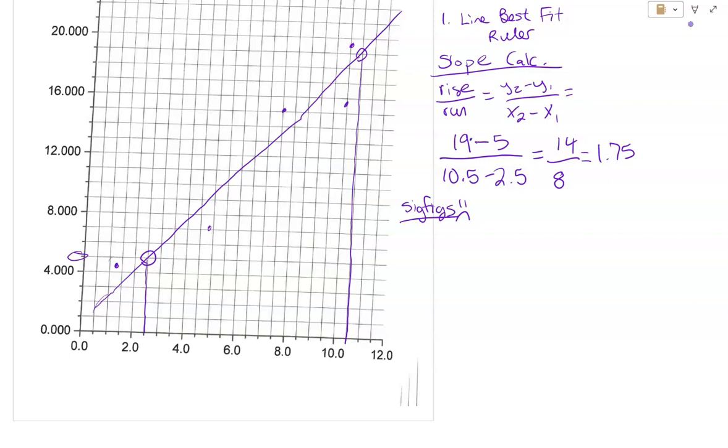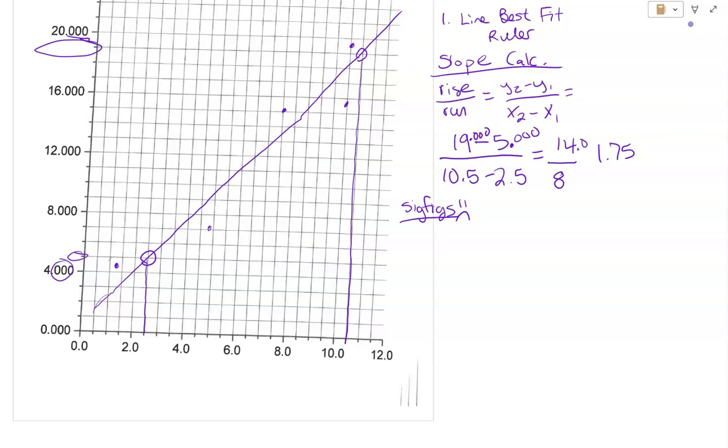Right here, behind that 9 in 19, it has 3 decimal places. Your 5 also has 3 decimal places. When you're subtracting with sig figs, you look at the lowest number of decimal places.